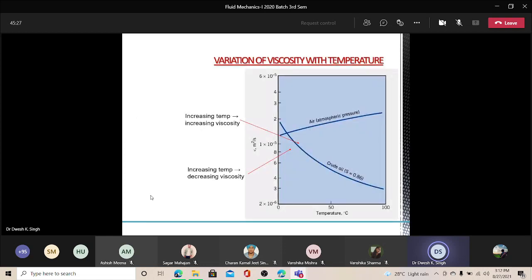Sir, how are viscosity and surface tension related? We have not reached surface tension yet. Sir, I am just asking. There is no such need to relate it with surface tension.